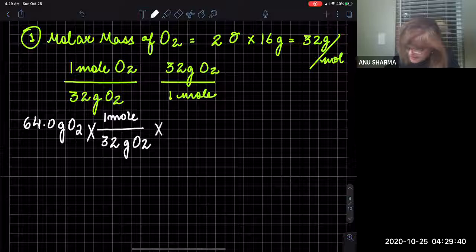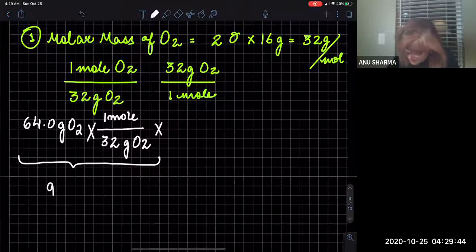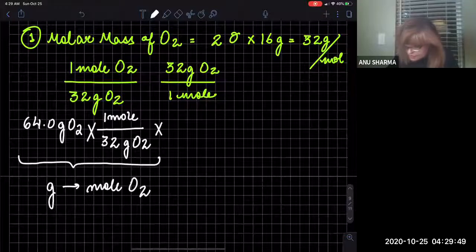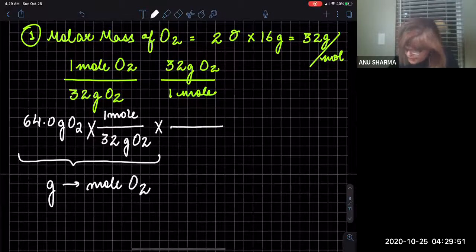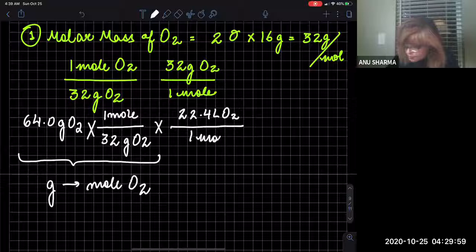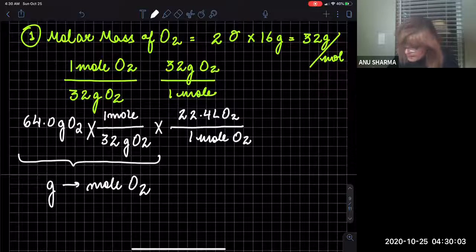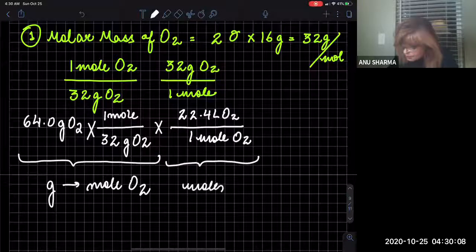Okay, next, this is basically grams to mole conversion of oxygen. And you can continue further from here. We know that 22.4 liters of oxygen is present in 1 mole of oxygen, and this is basically converting the moles of oxygen to the volume in liters.